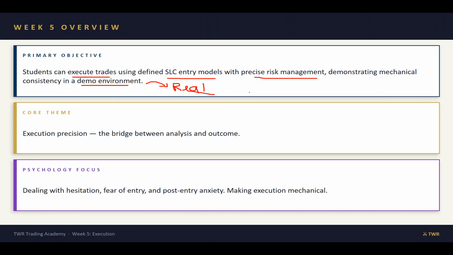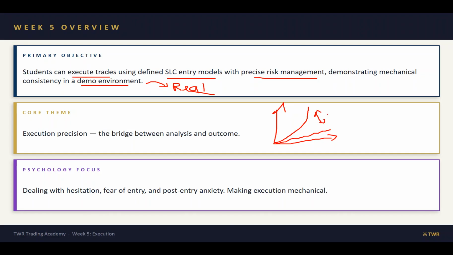Number one, execution precision. That is the core theme, the bridge between analysis and outcome. If you've ever backtested, you understand that your backtesting results usually go through the roof. They have an exponential curve. While if you've ever tried real money, real trading, you find that there is a gap.